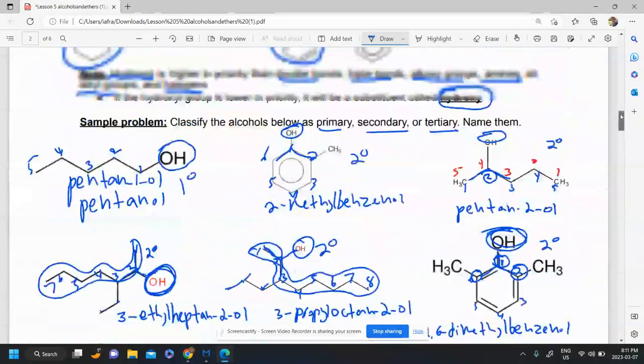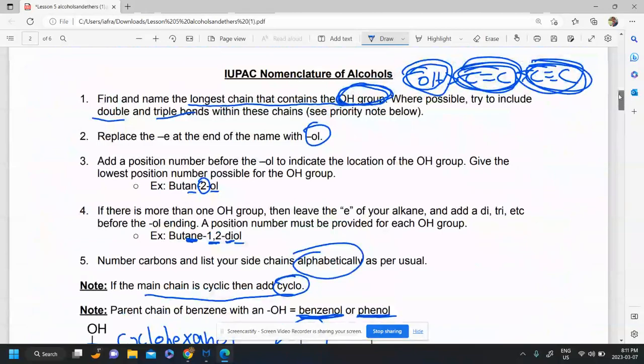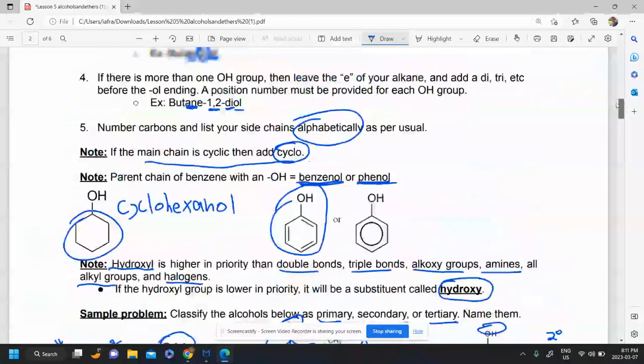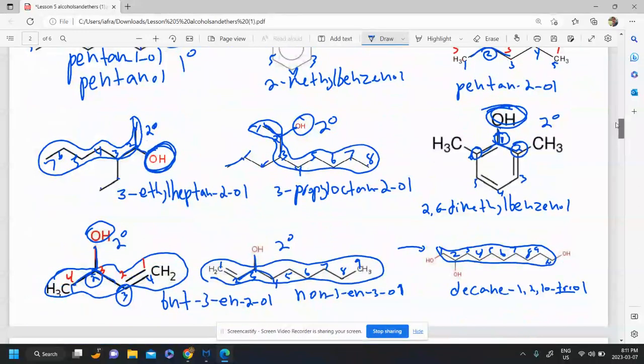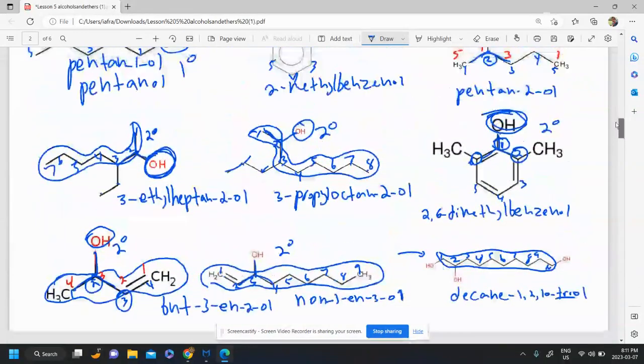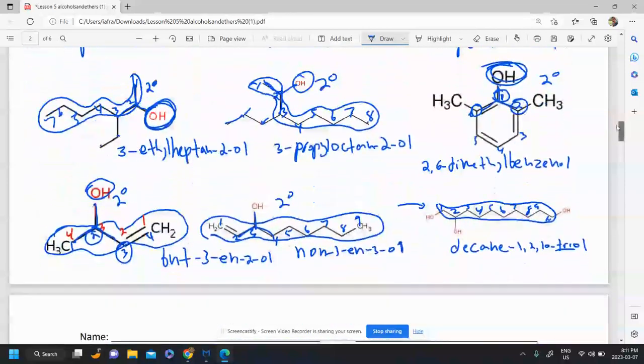And so what we just did here was name a bunch of alcohols using the alcohol naming rules that were listed over here. So always start off by reading over the rules, and then after you read the rules, you can apply those rules to the different drawings. Retry these ones again before you go to the worksheets and other practice problems until you can do these without any great difficulty.